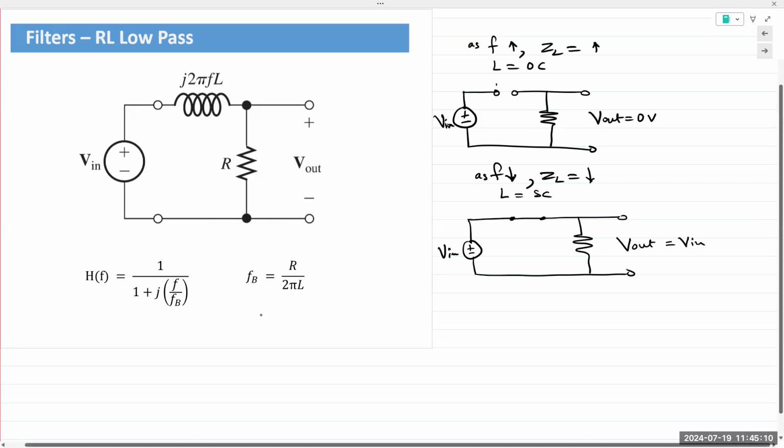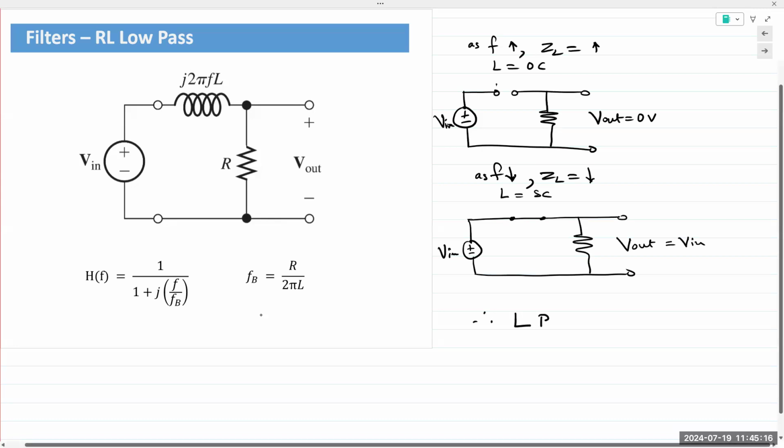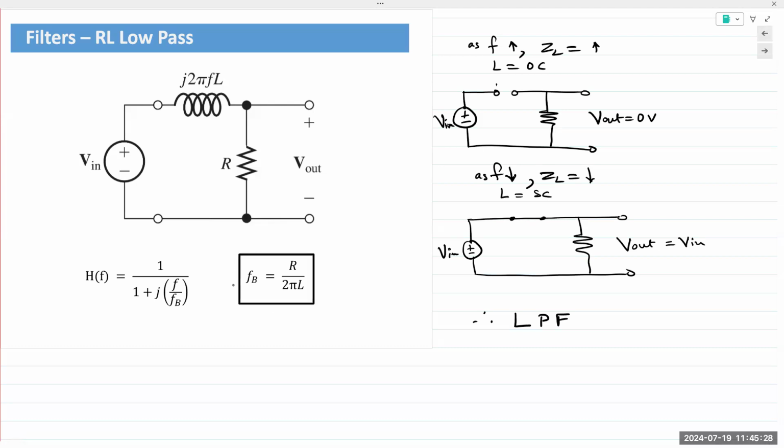So at low frequencies, V out is equal to V in. At high frequencies, V out is equal to 0. And so it works as a low pass filter. The break frequency equation is different. So it's R over 2 pi L. For the capacitor it is 1 over 2 pi RC.